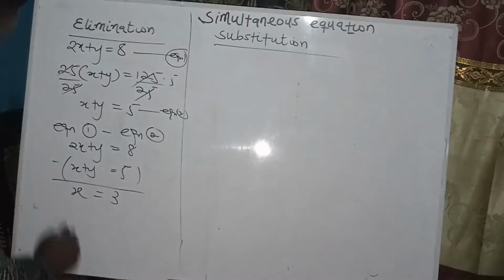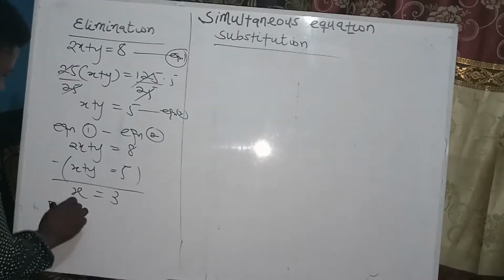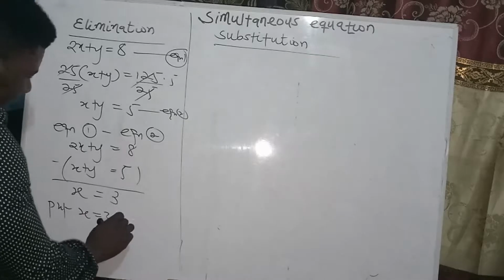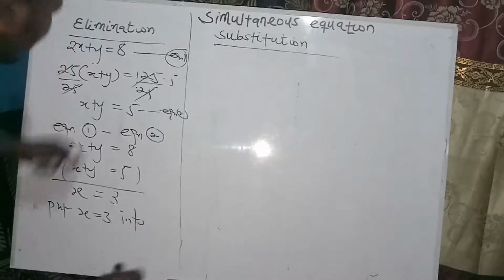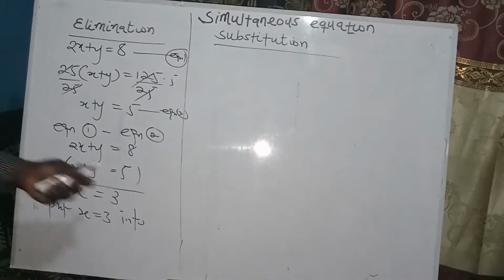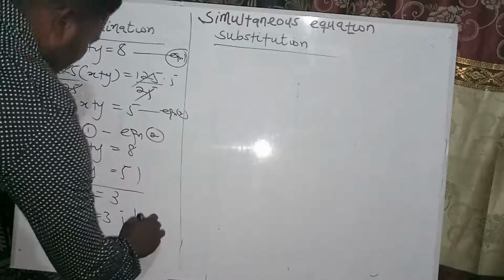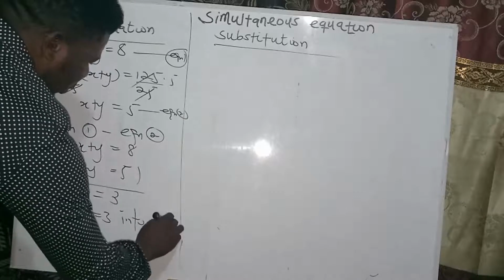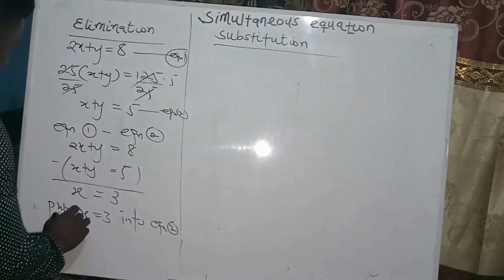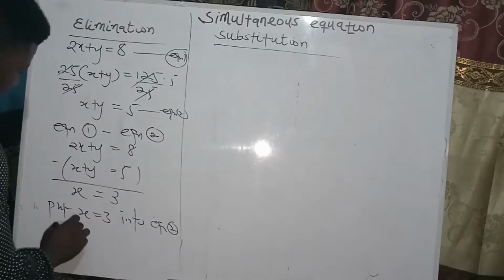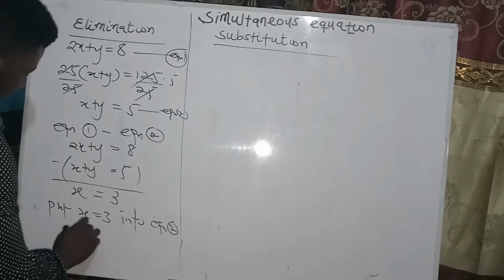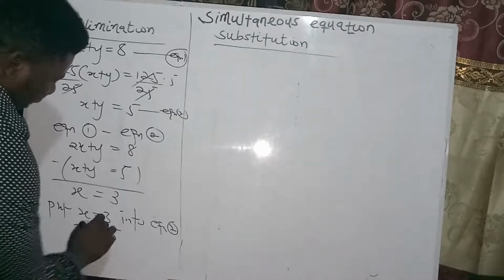So now I can put x equals 3 into any of the two equations I want. I want the simplest one, so I'll put it into equation 2. So into equation 2, I have my x, which is 3, plus my y, which equals 5.